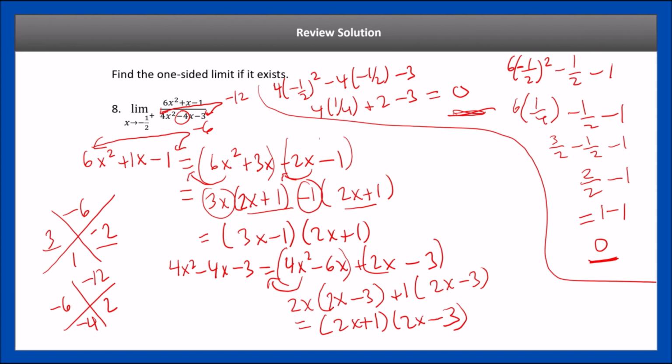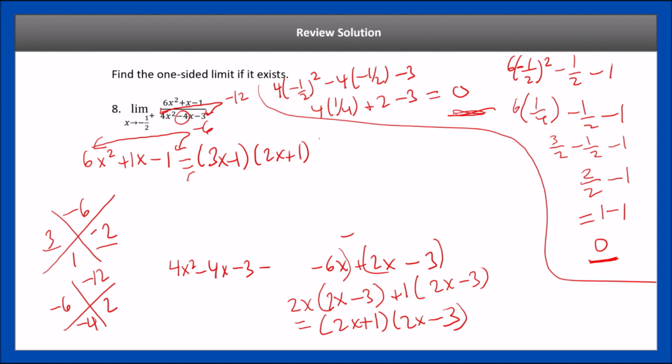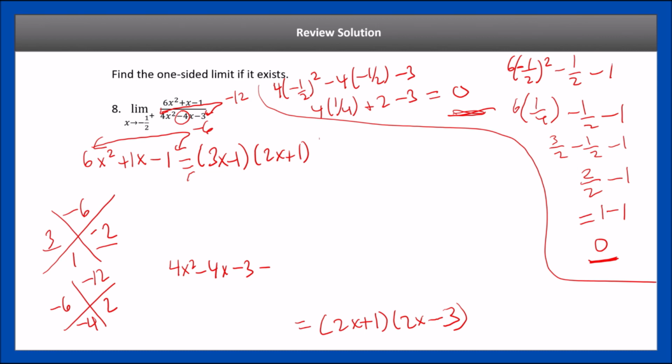So now I'm going to erase this and just replace this with what we have. So this is 3x minus 1, 2x plus 1. If I erase this, that is 2x plus 1 times 2x minus 3.